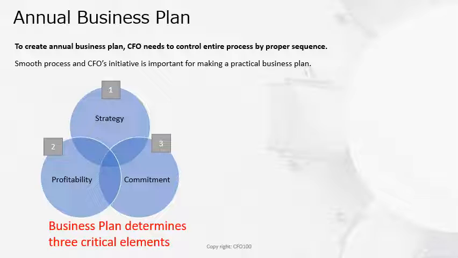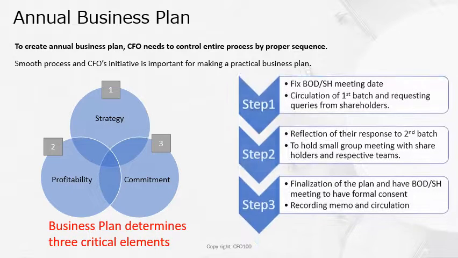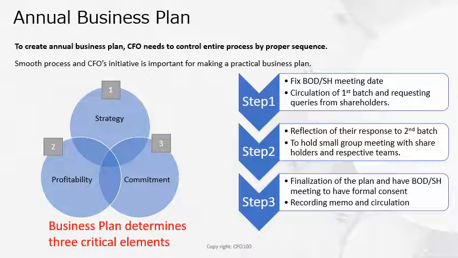When it comes to the specific sequence, there are three steps. In the first step, you need to fix the date of the board of directors meeting or shareholder meeting. This is a very basic thing to do.